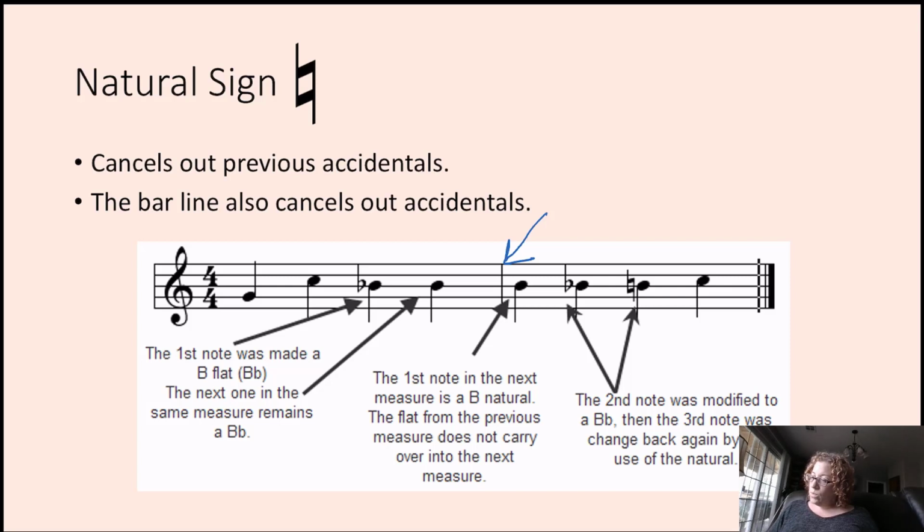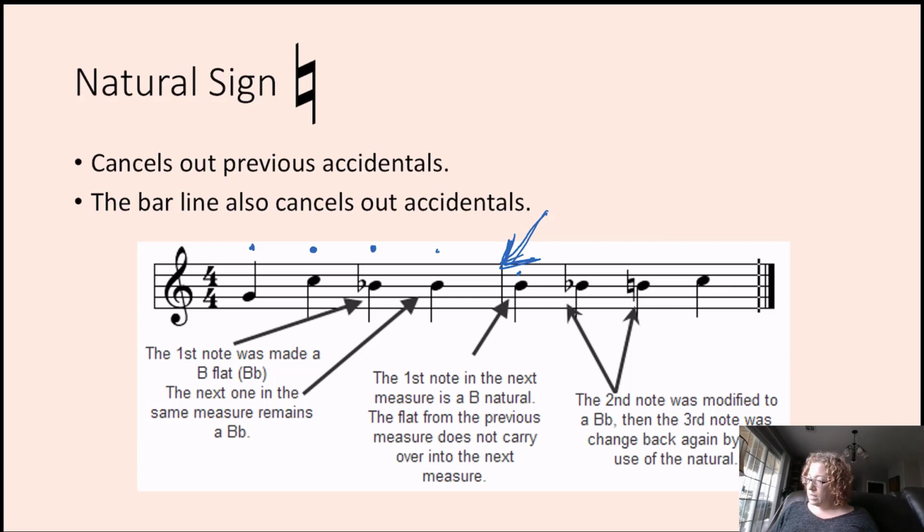So it tells us to play a G and then a C. And this says play a B flat. This next note here is still a B flat. We haven't canceled it out with a natural sign. So then we cross the bar line. Here we go. Here's the bar line right here.